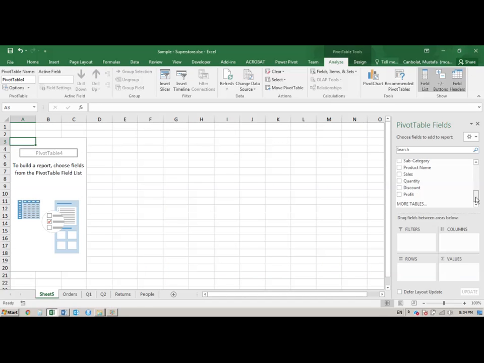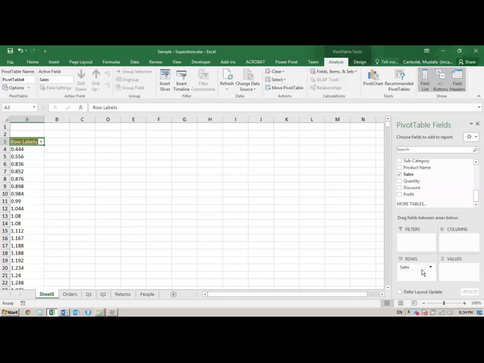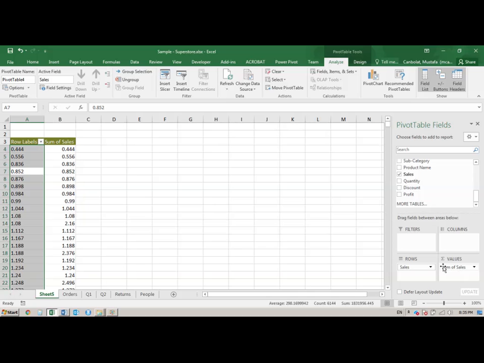and then I will take the sales to be in the rows, not in the values, as this is my variable, and each unique sales value appears in the rows. Then I take the same sales value and put it under values.